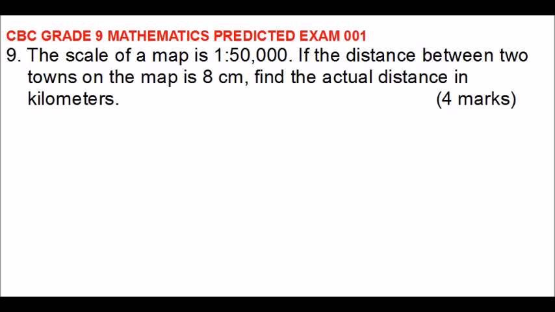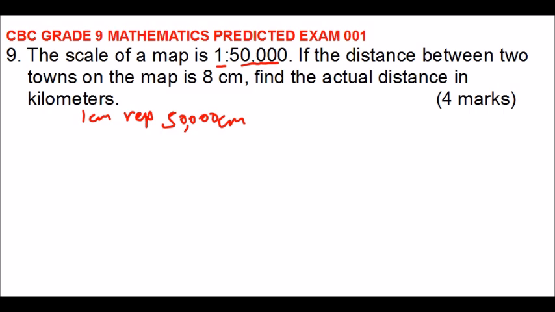What it means actually is that 1 centimeter represents 50,000 centimeters, which you can now convert to meters and say 1 centimeter represents 500 meters. If you make it kilometers, you say 1 centimeter represents 0.5 kilometers. But this means 1 centimeter represents 50,000 centimeters.